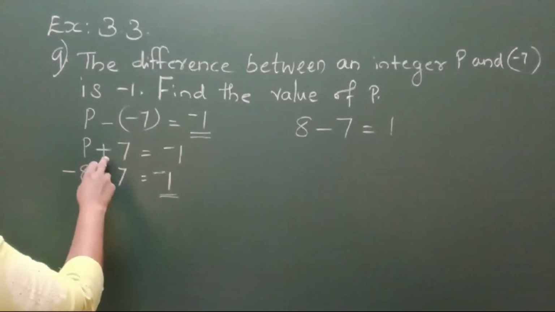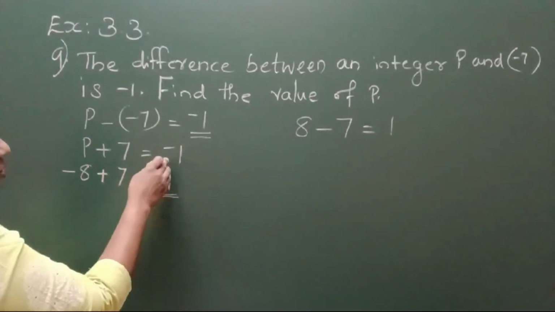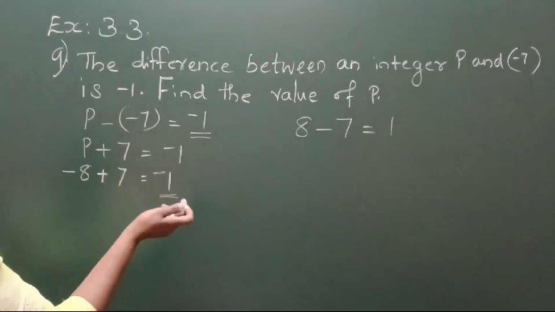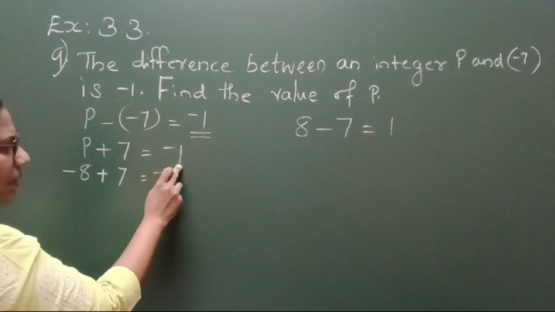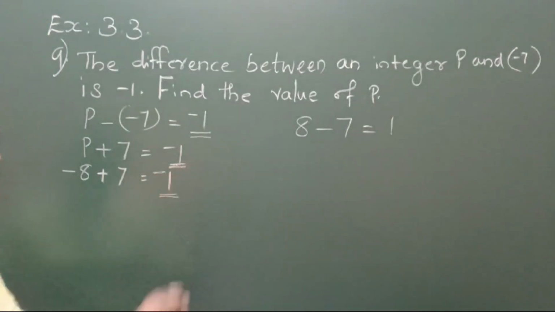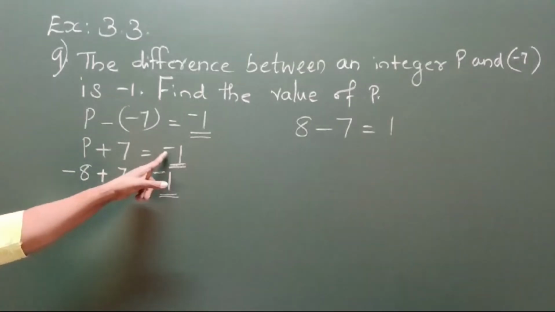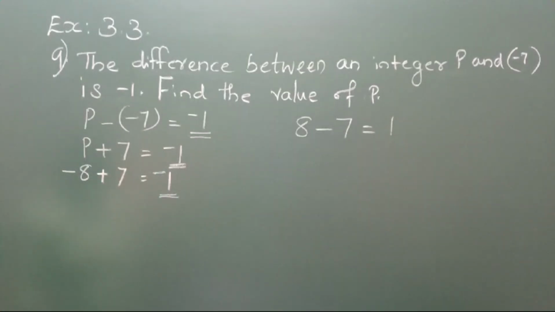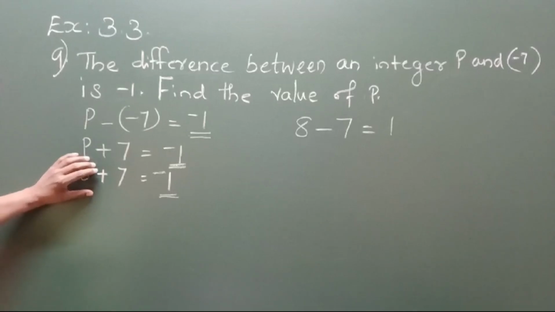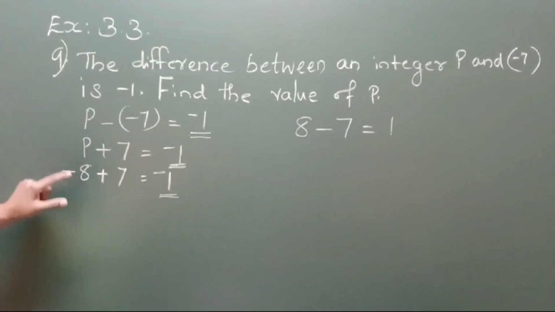Then p plus 7 is equal to, the answer we cannot change, the answer is given already in the question, that is minus 1. So here in the answer there is a clue. What is that? The sign is negative. So that shows that p is a negative integer.